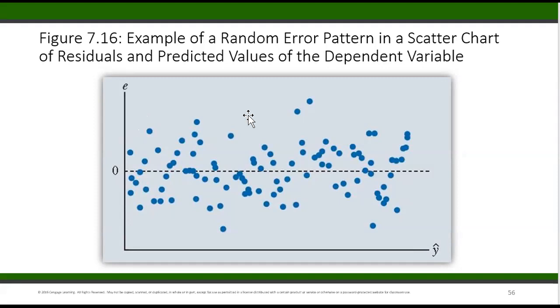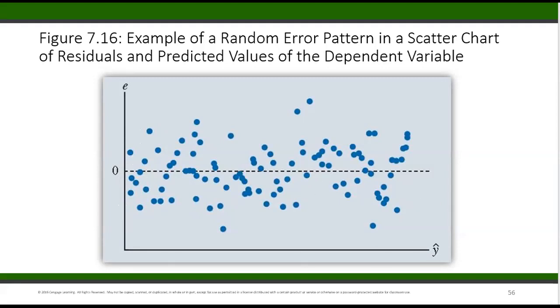As you move from left to right in this scatter chart, the variation between points should be more or less constant. You shouldn't see a significant change in variance as you move from left to right, as you increase x or y hat.